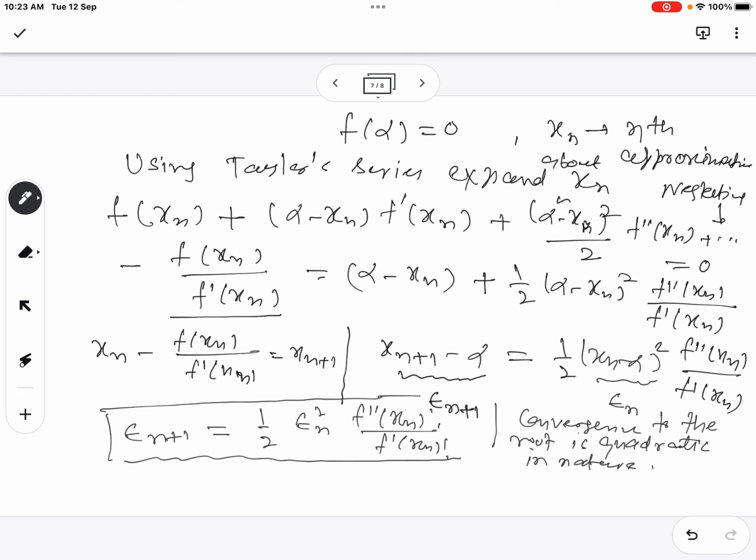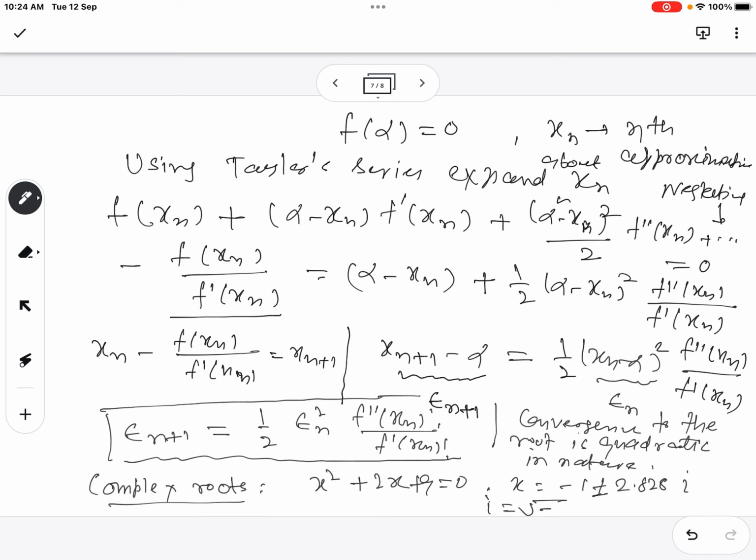Now we can find complex roots also using this method. In order to understand this, let us consider an equation x square plus 2x plus 9 equal to 0. As we know, its roots will be minus 1 plus minus 2.828i, where i is square root of minus 1.